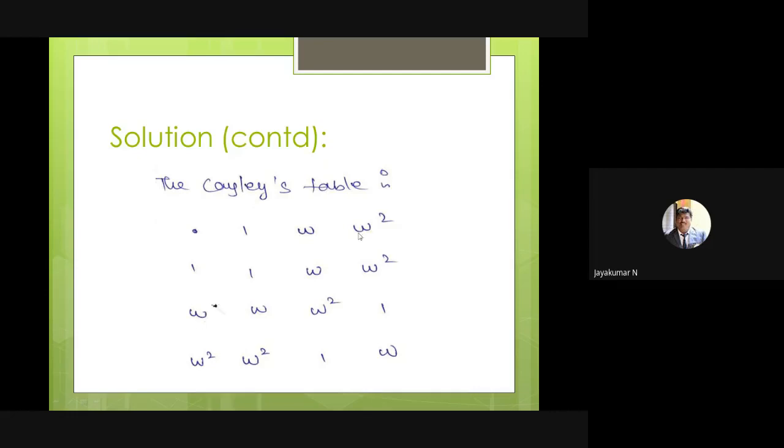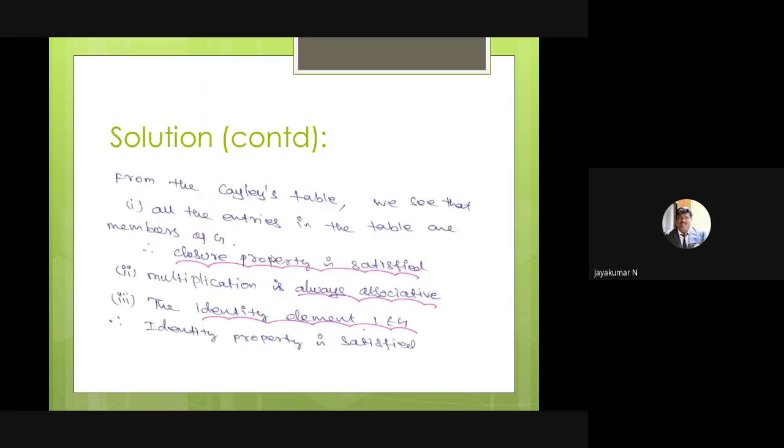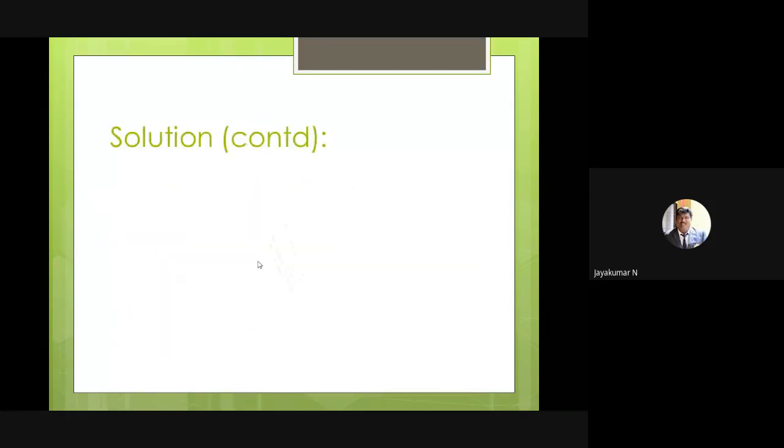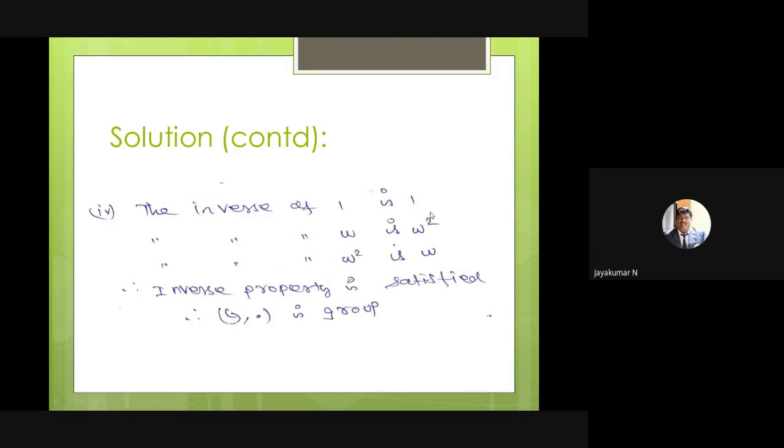Here you have to mention the inverse elements. This is the most important. The inverse of 1 is 1, the inverse of omega is omega square, the inverse of omega square is omega. Therefore the inverse property is satisfied.